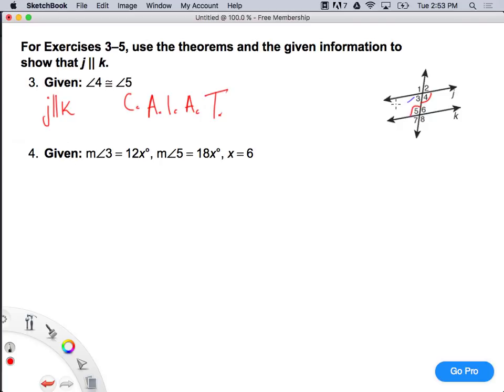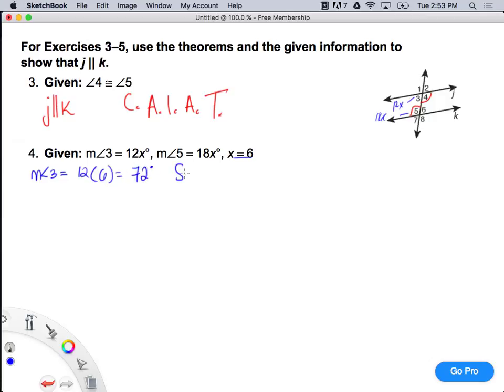So measure of angle 3 is 12x. Measure of angle 5 is 18x. Okay? So x is equal to 6. What's my first step? Substitute, right? x is 6, so 12 times 6 is 72 degrees.